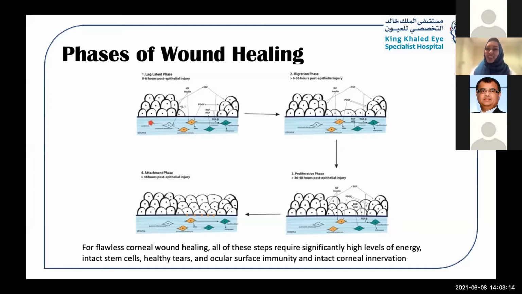They migrate, then they proliferate first, and then they stabilize themselves with the formation of the adhesions. For this flawless corneal wound healing to occur, it requires a high level of energy, intact limbal stem cells, a healthy environment that includes the tears, the immune cells, the corneal innervation, and the signaling between cells.